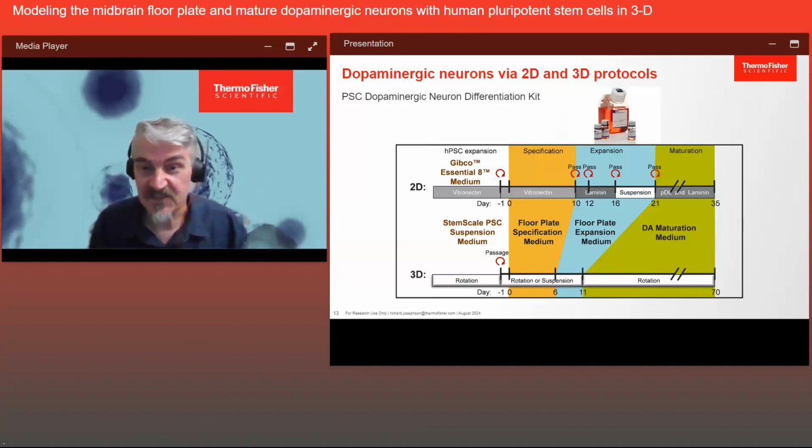As you can see in this graphic, it compresses the timeline from the 2D protocol. Next, we're going to examine the formation of organoids in different physical environments, whether the floor plate specification is best done in a shaking culture or static culture, and how adding extracellular matrix will affect the outcome.